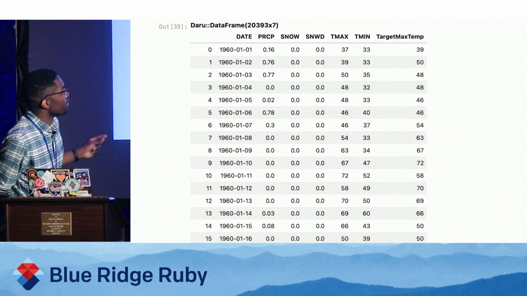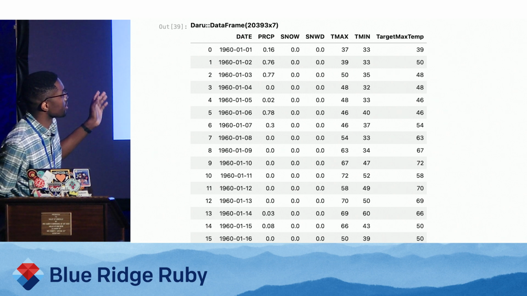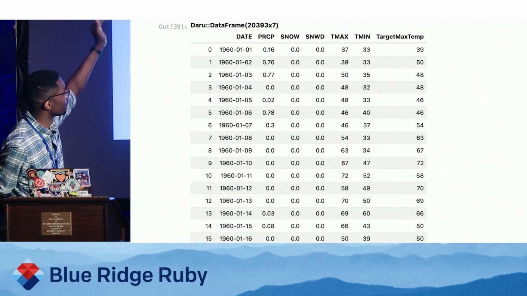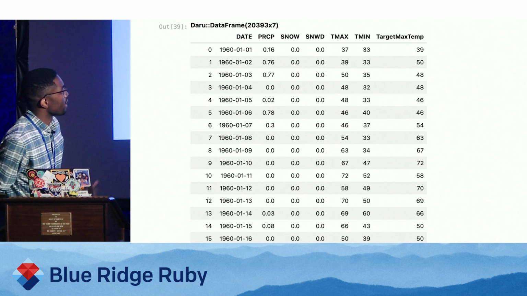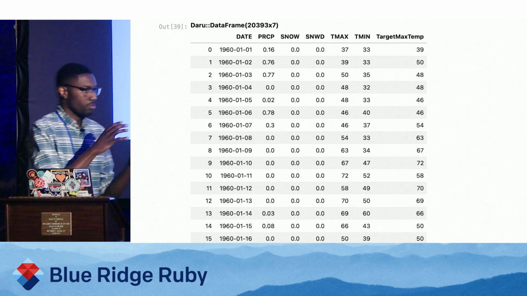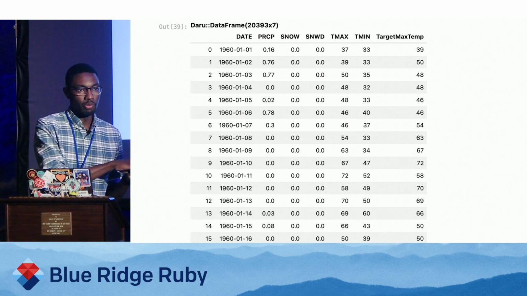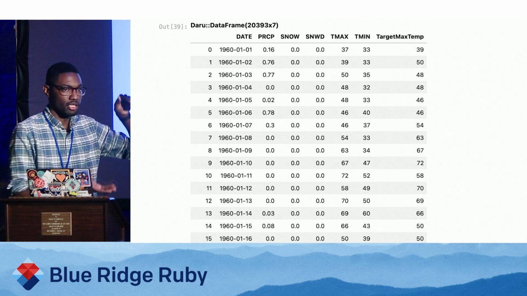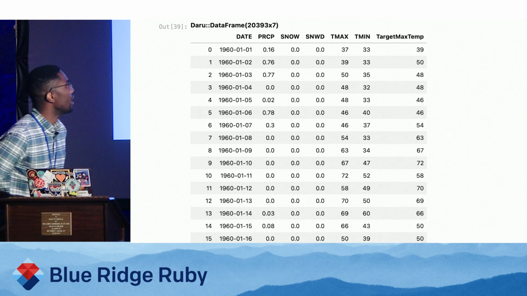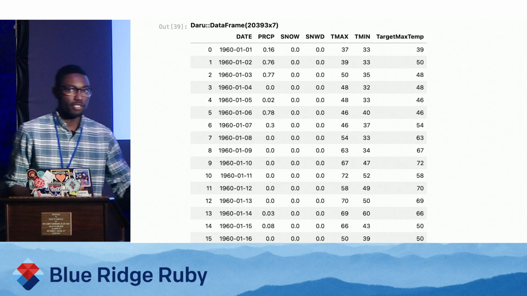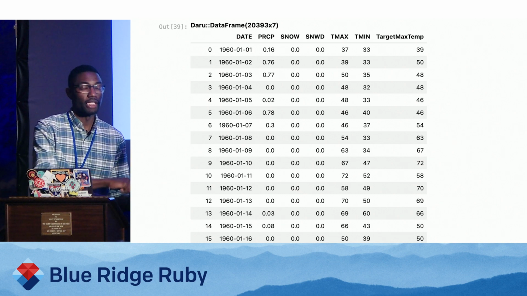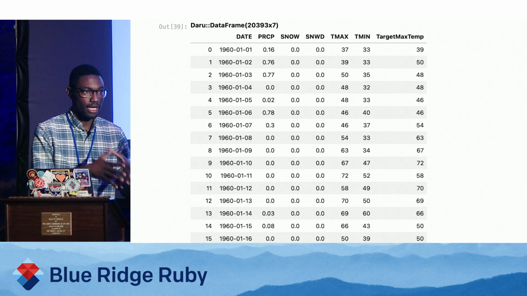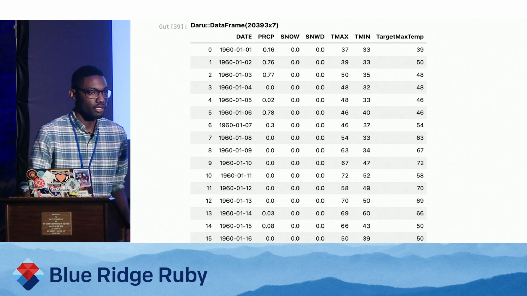I created a new target max temperature in the right column, which also has 39 for the first row. Basically, I used the previous max temperature and put it for the next day, and shifted all the max temperatures down, so that we're using the previous max temperature to predict tomorrow's max temperature. So that was one thing I had to do to clean and finesse the data a little bit.